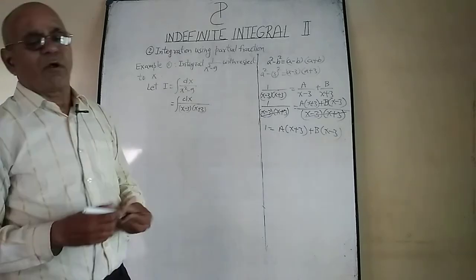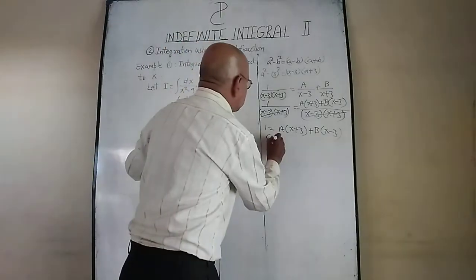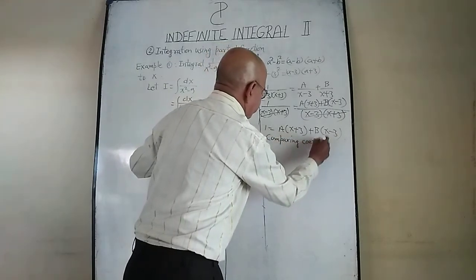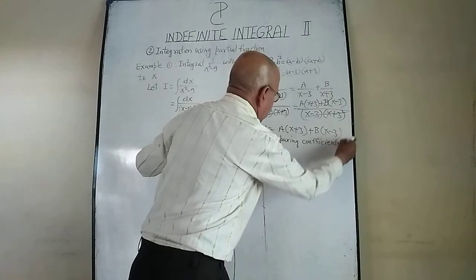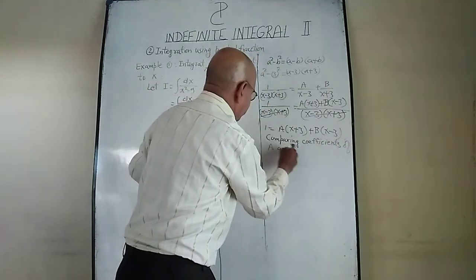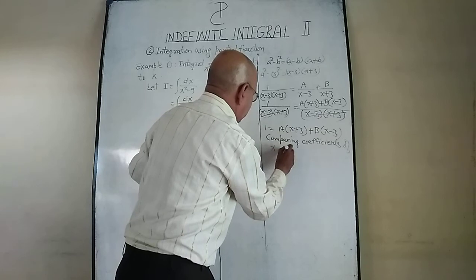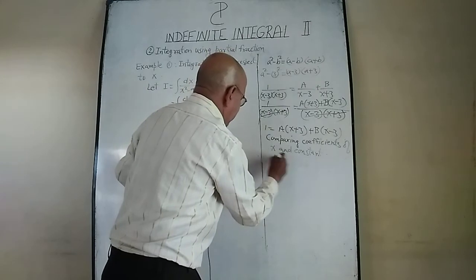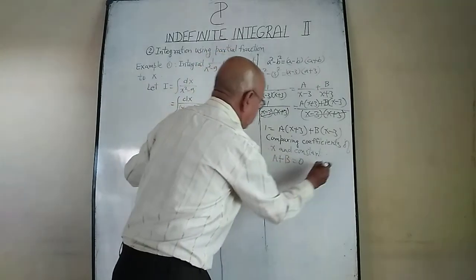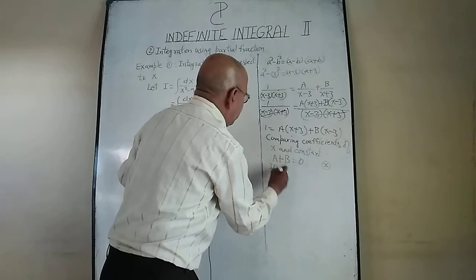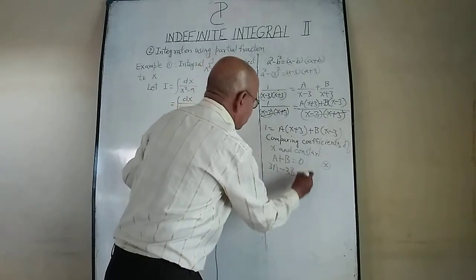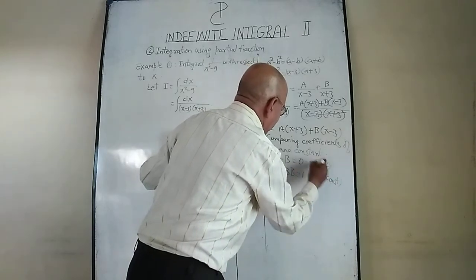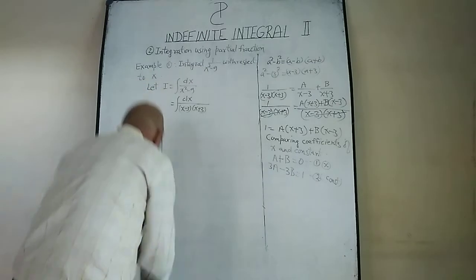Comparing coefficients of a and b, of x and constant: a plus b is equal to 0, that's for x, and 3a minus 3b is equal to 1, that's the constant value. This is my equation number 1, and this is equation number 2.